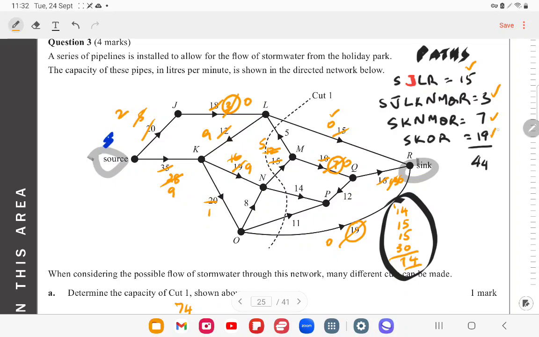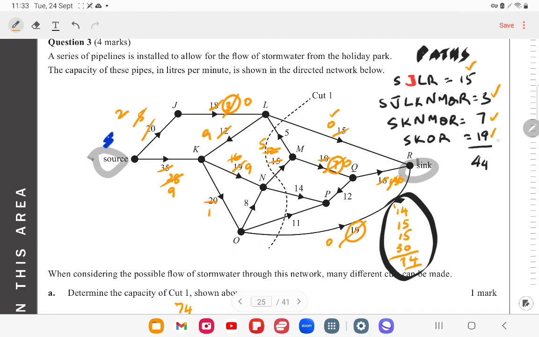Now the important thing here is that you should make it a point of recording those smallest values that you choose along each one of these paths, because if you forget to do that, then obviously you won't have a value against that path, and could cause you to make mistakes.